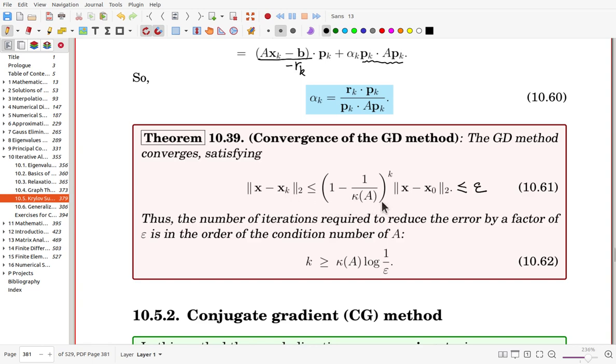So we try to solve this inequality, then we reach at this one. So given the choice of tolerance, and if we know the condition number of A, then the required number of iterations is at least this quantity. So here the number of iterations is order of the condition number.